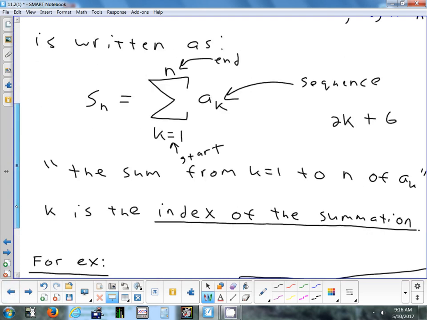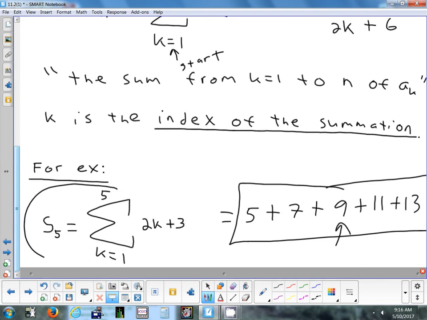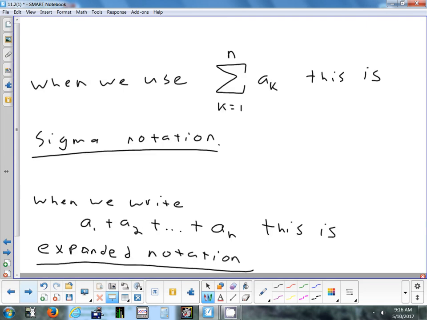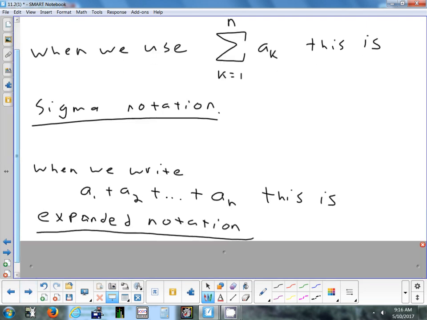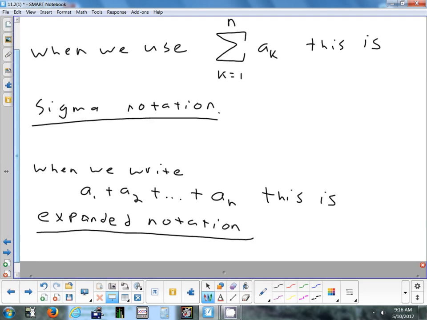If I go back to what we just did, sigma notation, what's in the box is expanded notation. Any question on the difference between the two? So if I give you a problem on the test with a sigma, and I ask you to expand it, that means I want you to do what we just did on the other page. Write out each term and add them up.